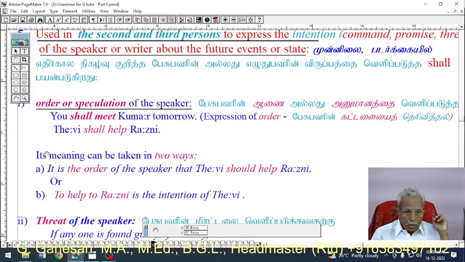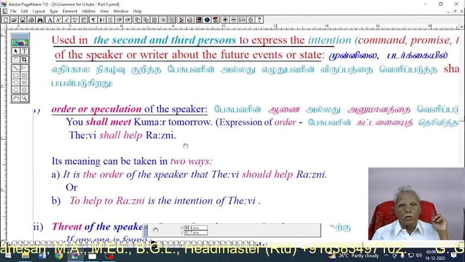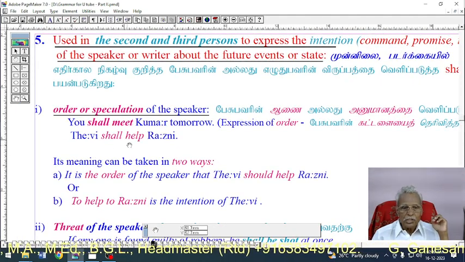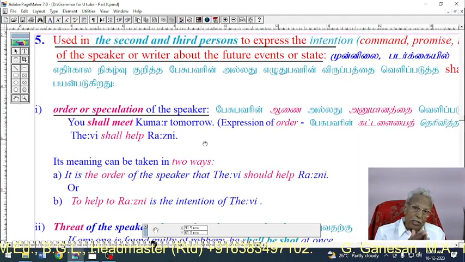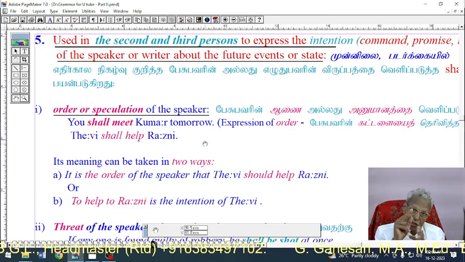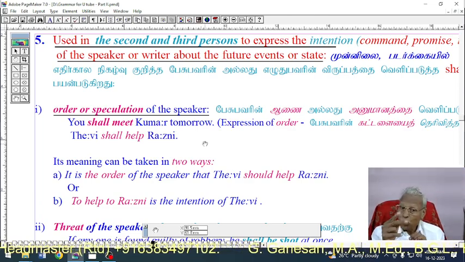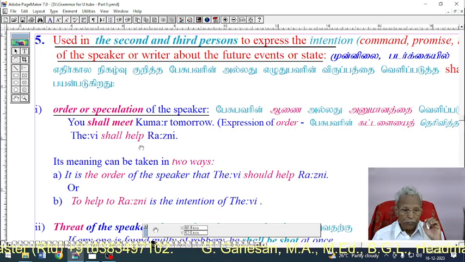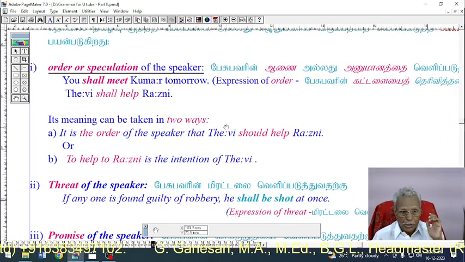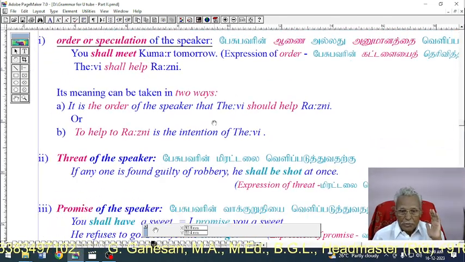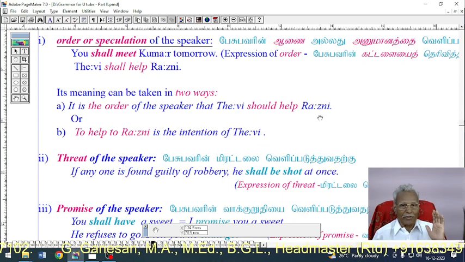Then, Devi shall help Rani. The meaning of this sentence can be taken in two ways. It is the order of the speaker that Devi should help Rani.